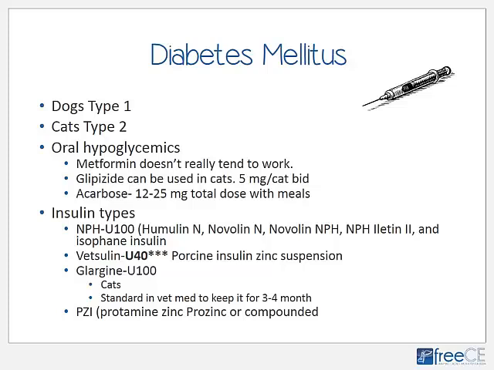Two things to note. When dispensing insulin syringes, you should always ask the client which insulin is being used. Vetsulin requires U40 syringes, not U100 syringes. Also, in veterinary medicine, we generally advise our clients not to discard the glargine insulin after 28 days, but tell them they can continue to use it for 3 to 4 months.